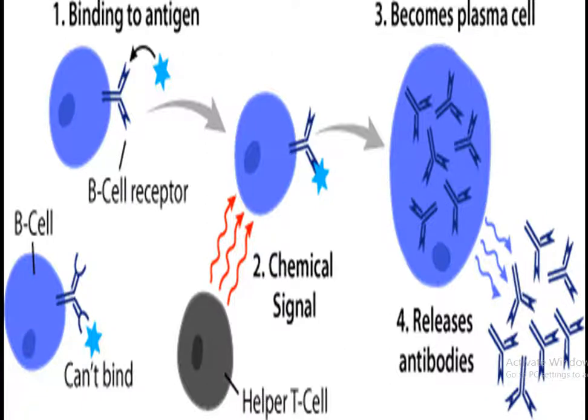So the specific T cells, named helper T cells, assist the process through which the antigen antibody reaction takes place, and as a result, much more antibodies are released by the B cells.